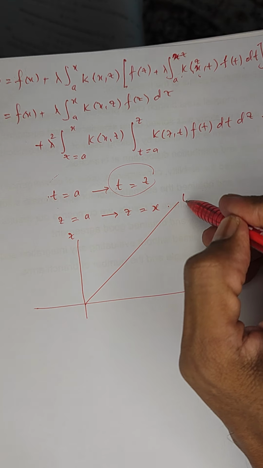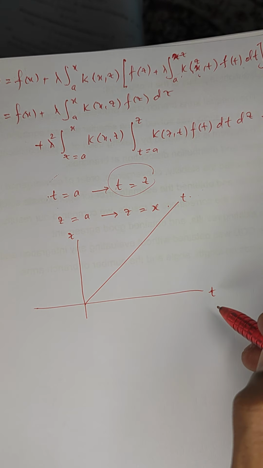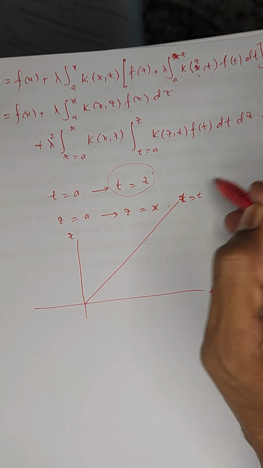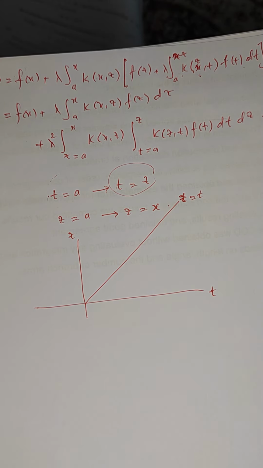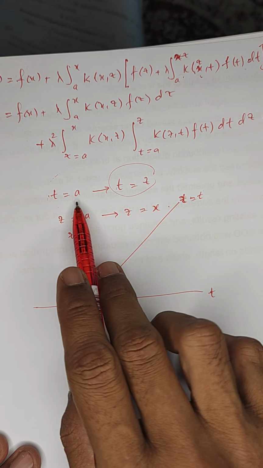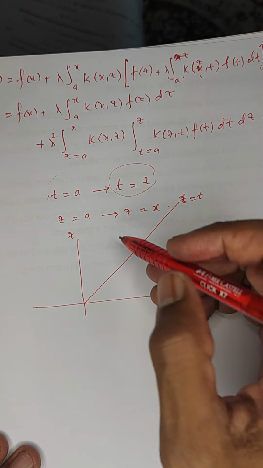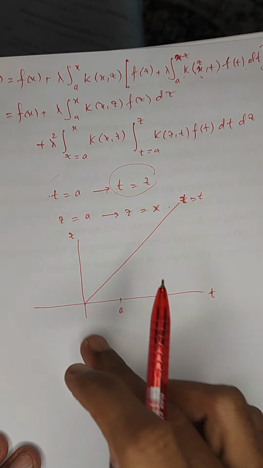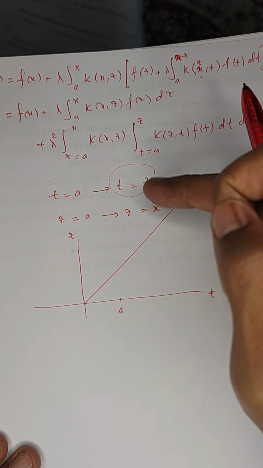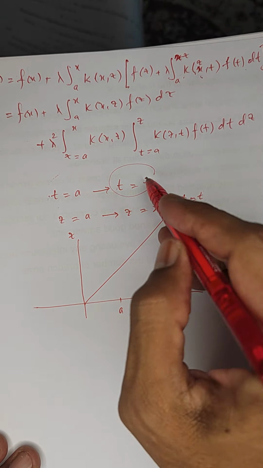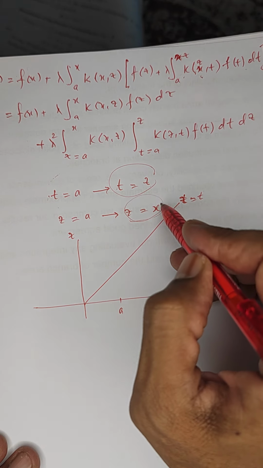So t goes from a up to t equal to z, and t equals z when z equals x.